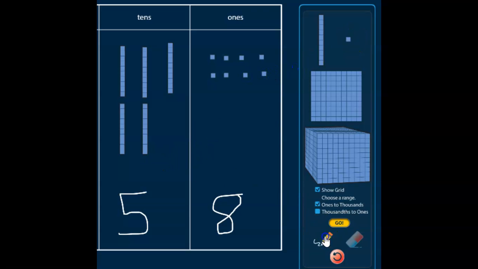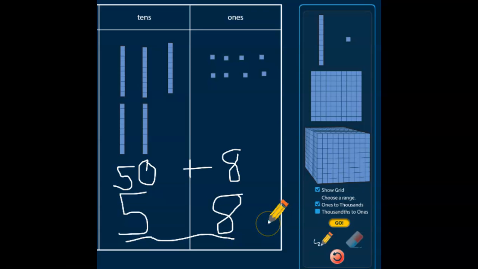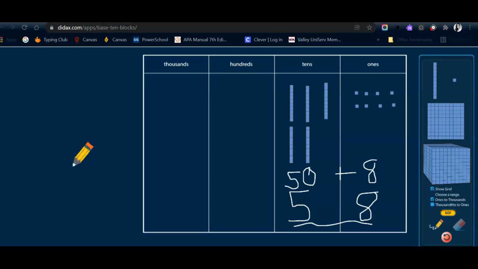So I have 50, right? Because I've got 5 10s plus I've got 8 1s, which makes 58 altogether.